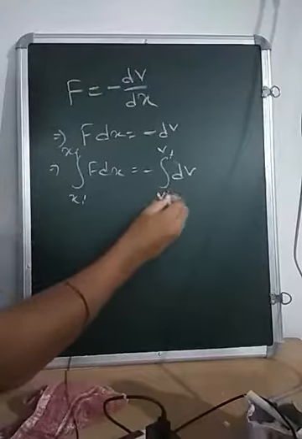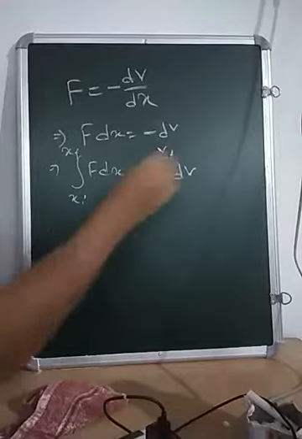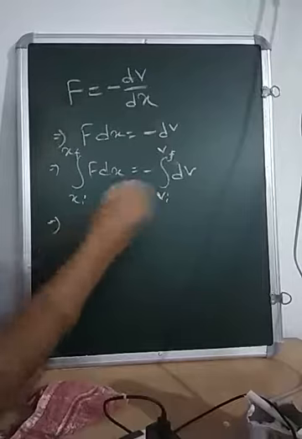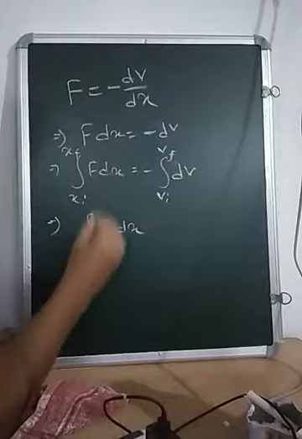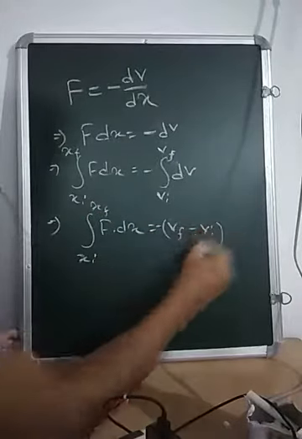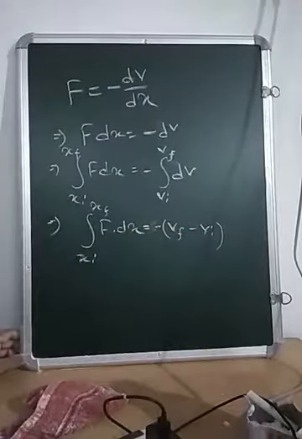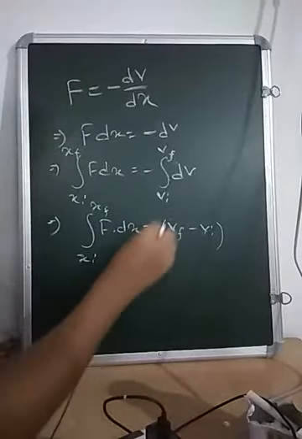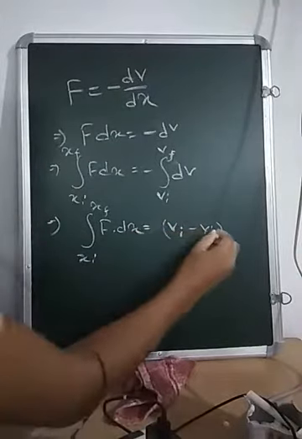Vi means what? Potential energy of the system at xi position, and Vf means potential energy of the system at final position. So from here we can write the integration of f dx from xi to xf is equal to minus (Vf minus Vi), or if we eliminate the minus sign, this is Vi minus Vf.